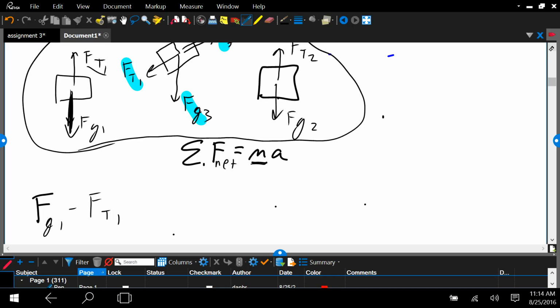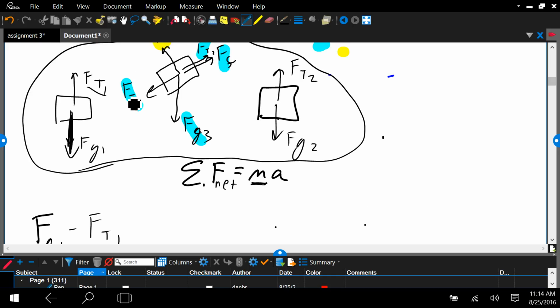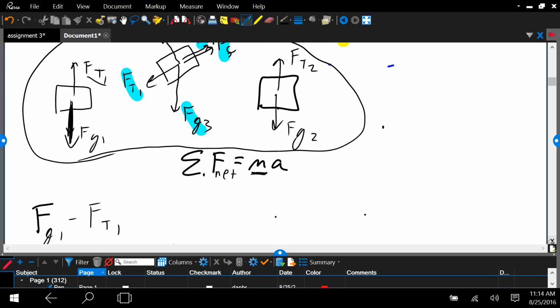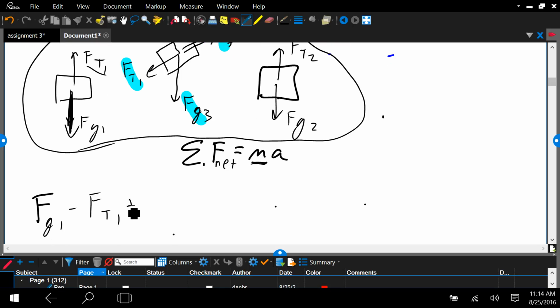The block on a hill will have 2 different forces, force tension 1 and force gravity 3, that are going to be positive. And then it'll have 2 here that are negative. So plus force tension 1. I'm going to note right away those cancel out. They're an internal force.